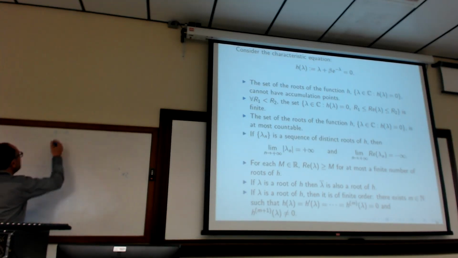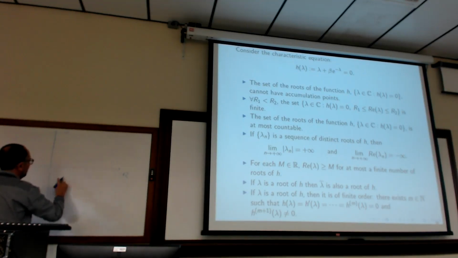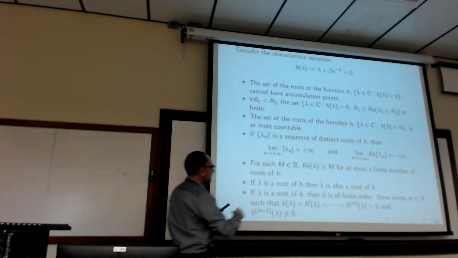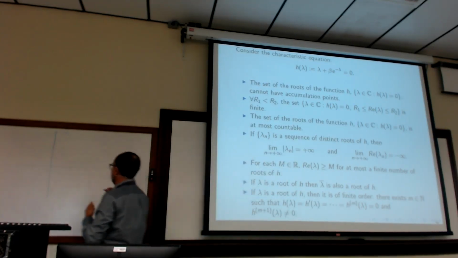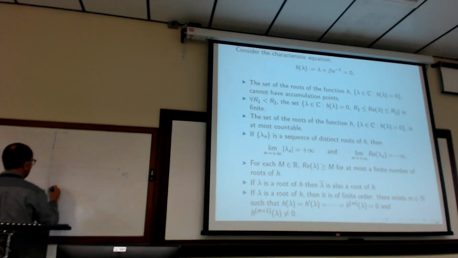What I will do is choose exactly this one as my axis. I know that here I have a finite number of eigenvalues, and they are always symmetric, one here, one here.